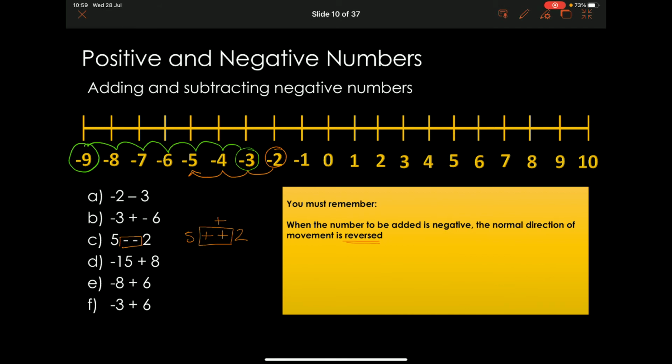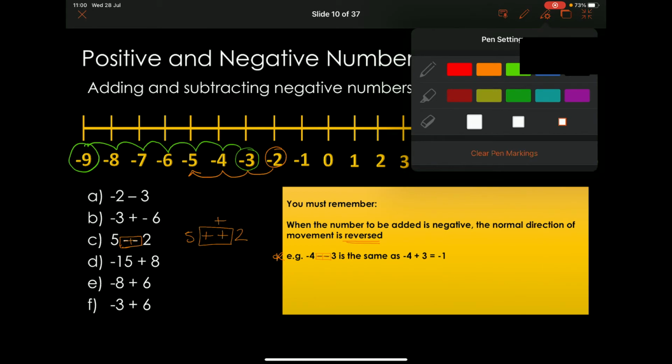However, if they're two negatives, we actually join them together to create an add. So that would become 5 plus 2. Very important to remember that. All right, so another example just here. If we had minus 4 minus 3, this would still turn into an add and we would end up with minus 4 plus 3.